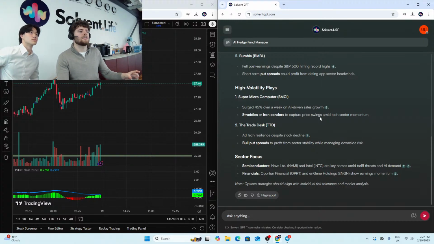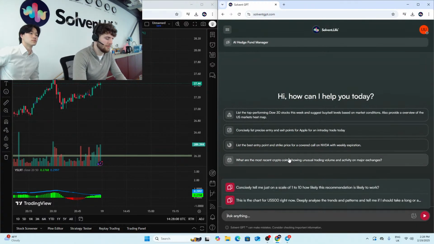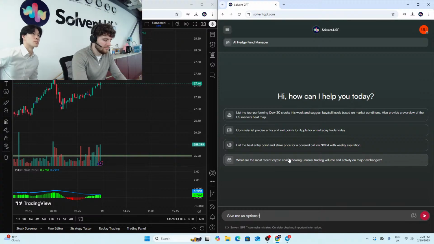The Trade Desk, Super Micro Computer. Now what we can go ahead and do, if we were to take maybe Super Micro Computer, we could say, give me an options trading strategy, SMCI.